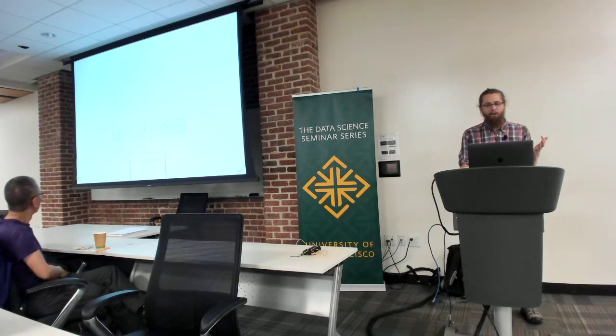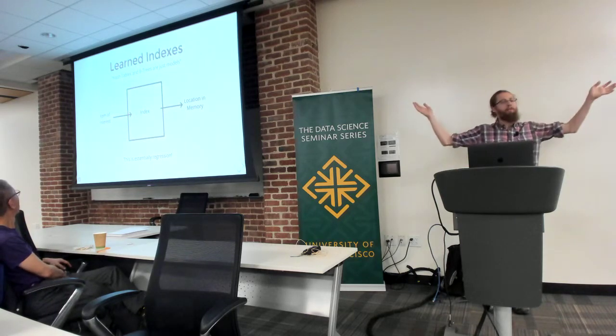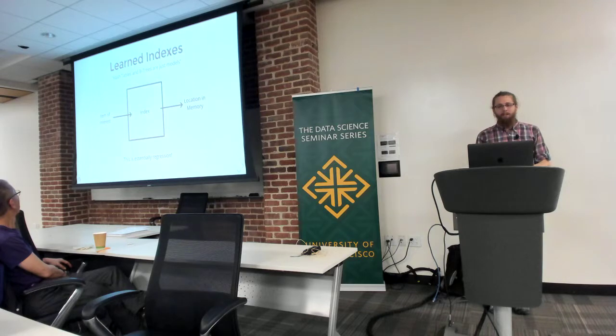Very interesting. And the core insight that started them down this path is, well, indexes are basically just doing regression. We're taking some arbitrary data and we're mapping it to a continuous space in memory.